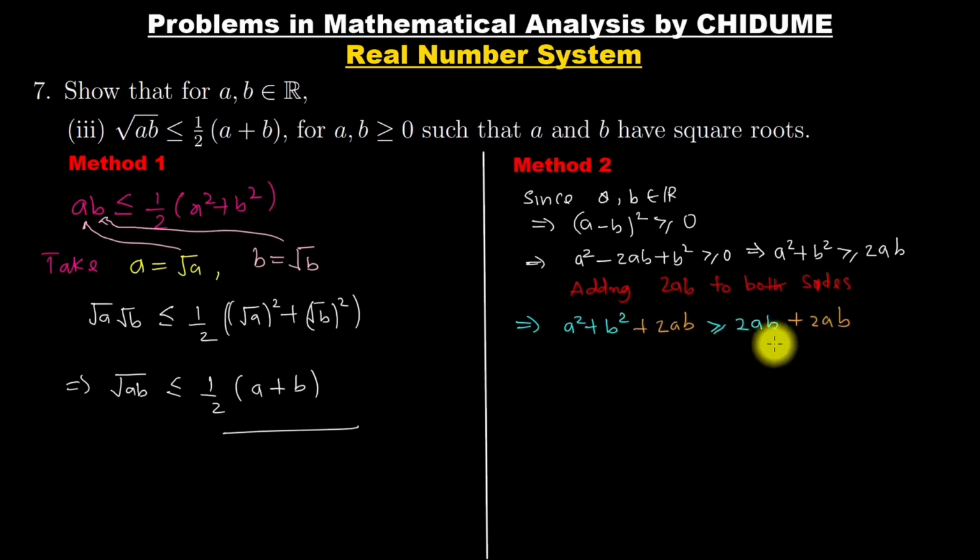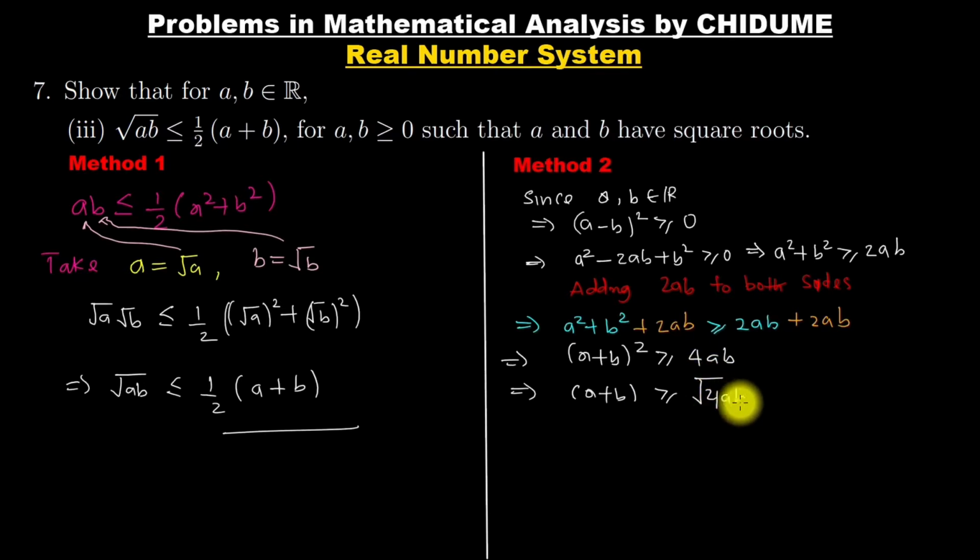If I add this together, what am I going to have? I'm going to have a plus b all squared greater or equal to 4ab. If I take the square root of both sides, I'm going to have a plus b greater or equal to the square root of 4ab.